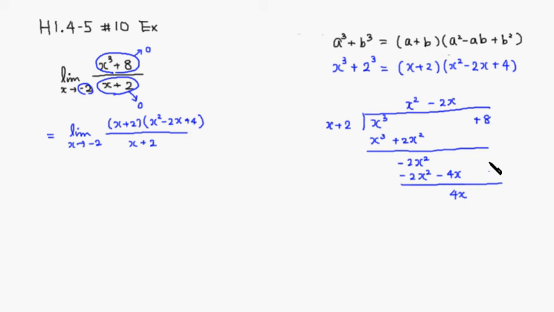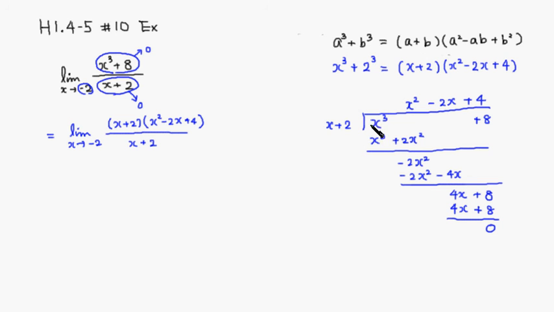Then bring the 8 down. 4x has 4 x's, so plus 4. 4 times x is 4x, which is what we wanted, and 4 times 2 is 8.